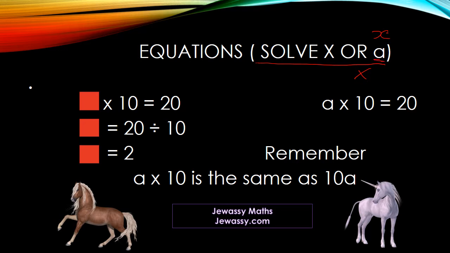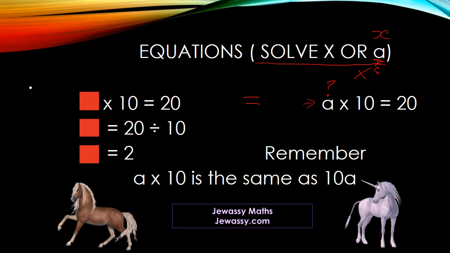Remember, it can be any letter of the alphabet. It's representing a missing value that we have to find. So here we have exactly the same sum. What times 10 equals 20? What times 10 equals 20 on this side as well?